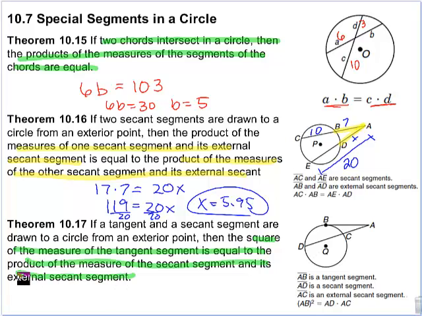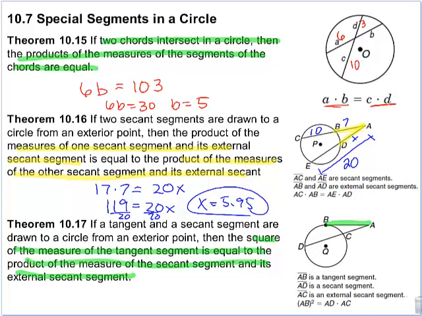I actually like to view this one just the same as the previous one. The difference here is the tangent's exterior part is the same as its entire length, so you're going to multiply that one by itself. What's the difference between a tangent and a secant? A tangent just touches the circle one time. A secant will touch the circle twice.